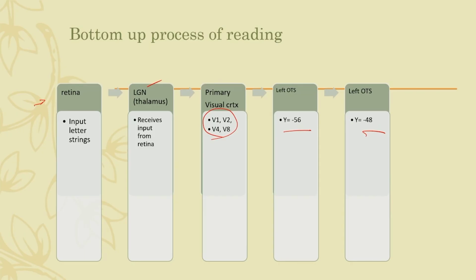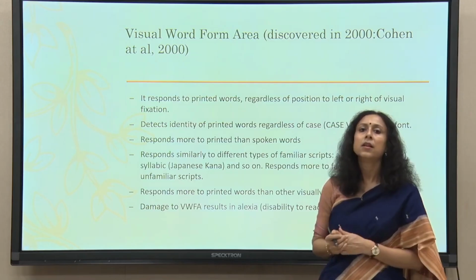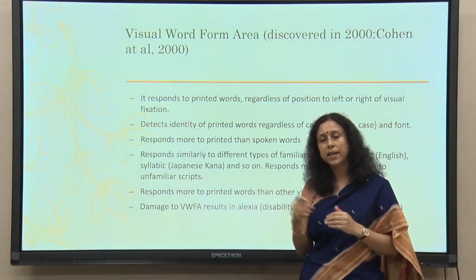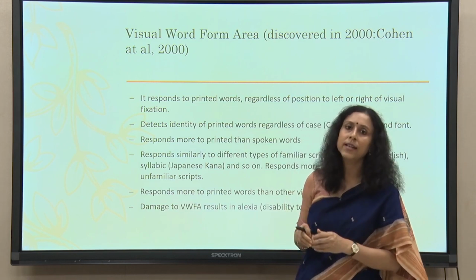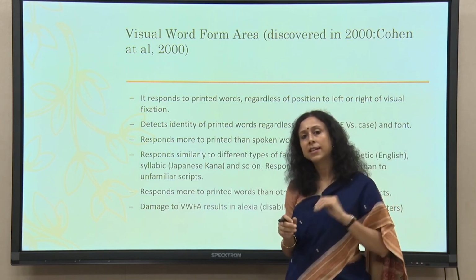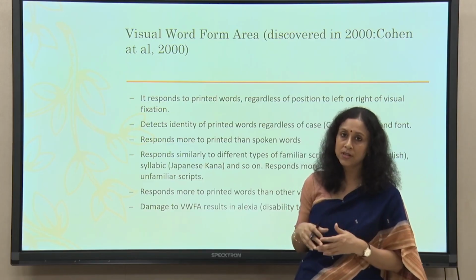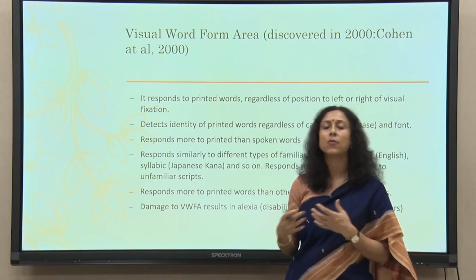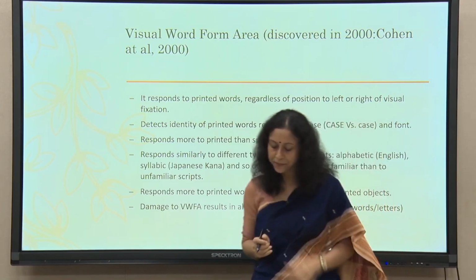These are the names given, and then finally the processing happens. So, there are various brain regions, various neural domains through which the signal goes and gets processed at every level, and ultimately we read.